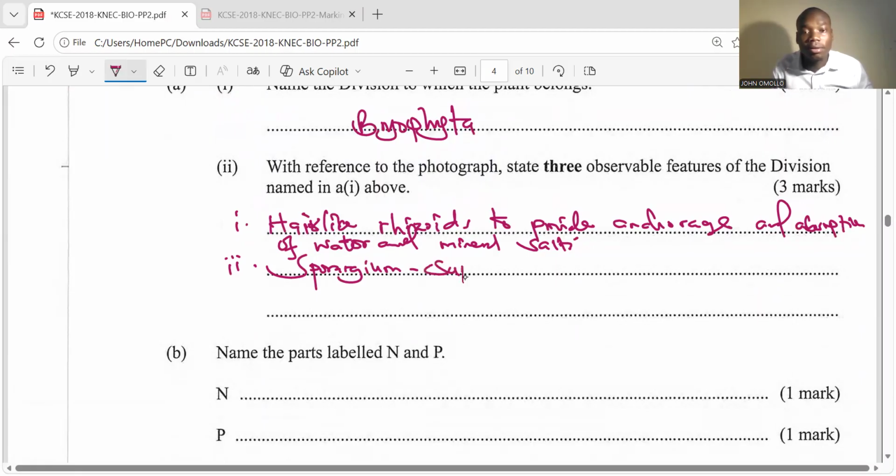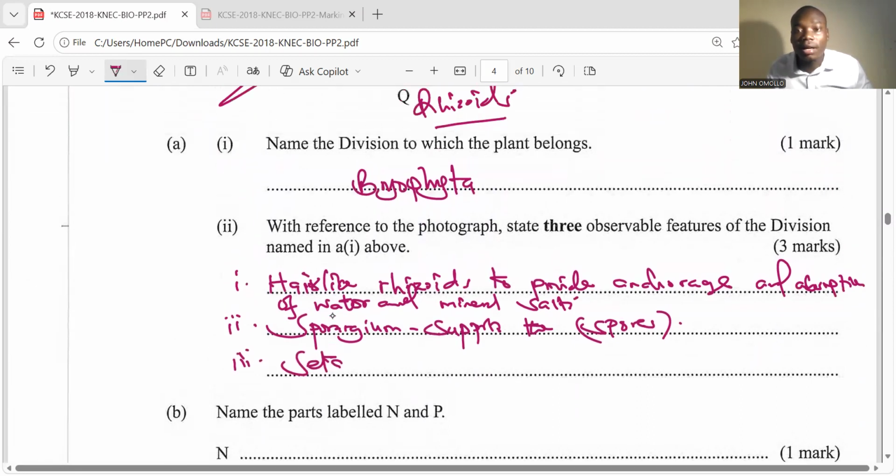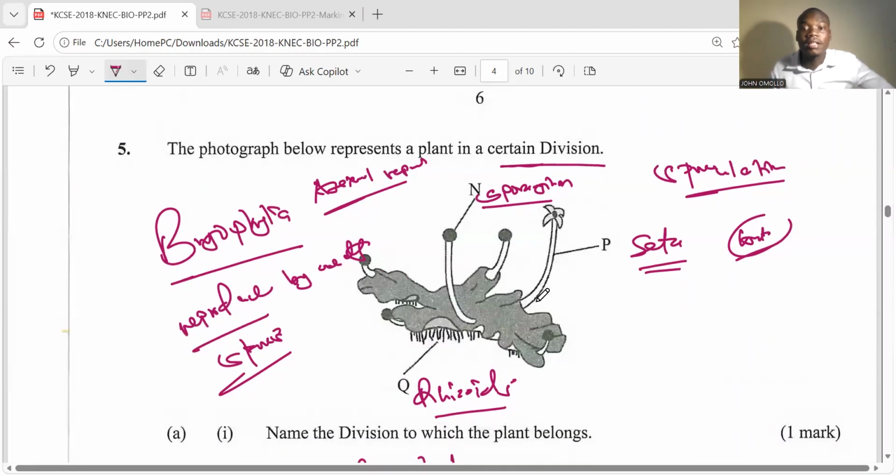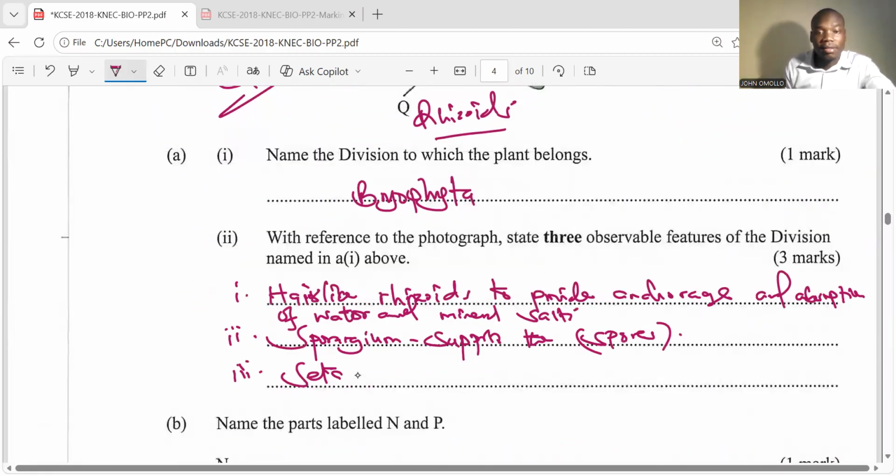Which supports the spores. The last one, we talk about the seta. In fact, seta is what provides support to the sporangium.